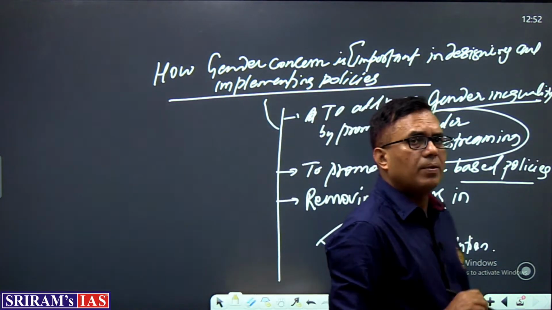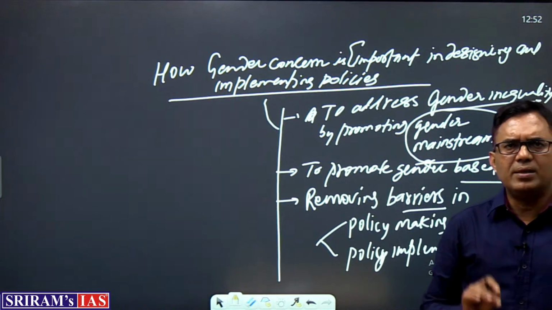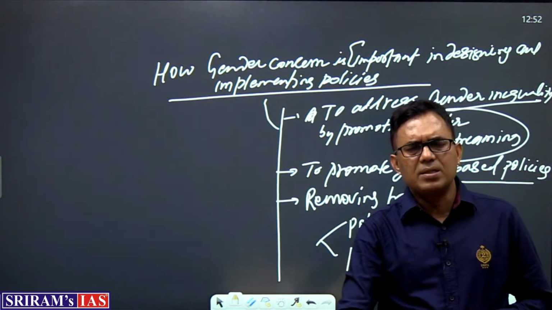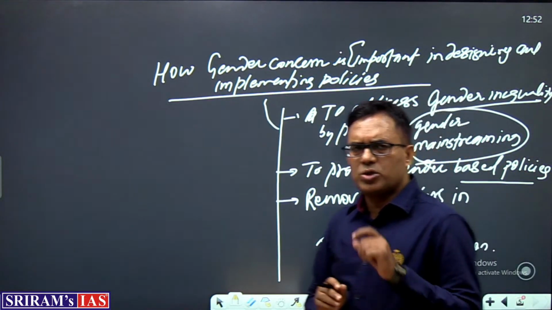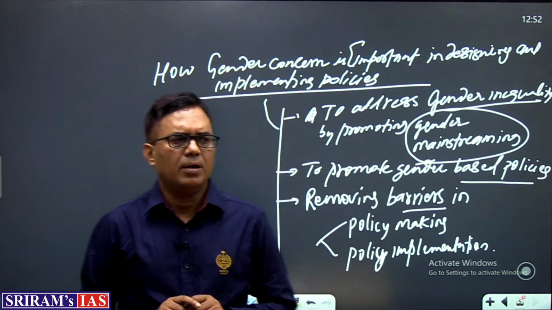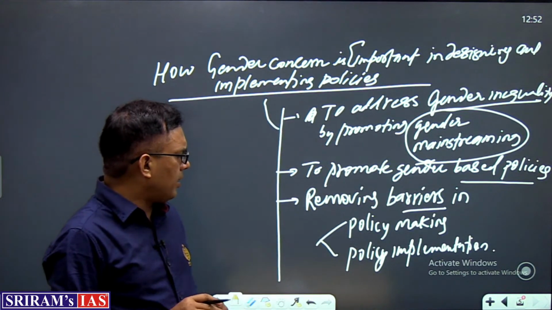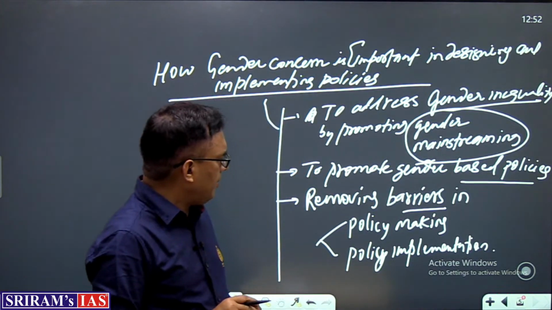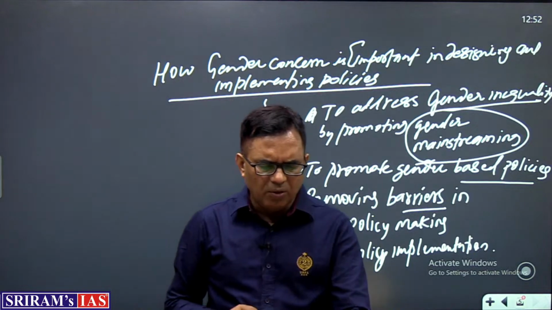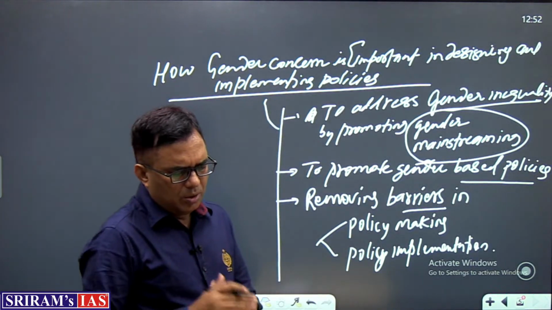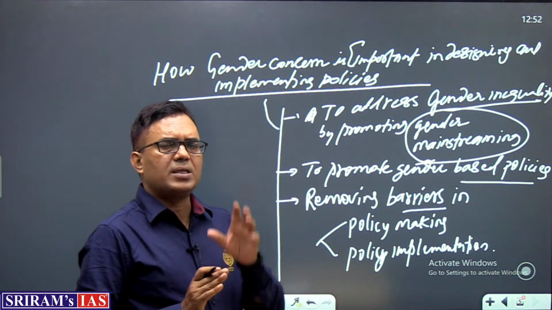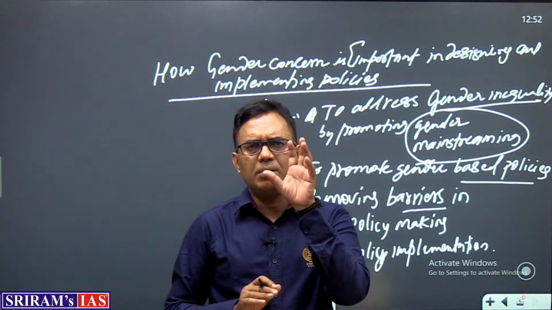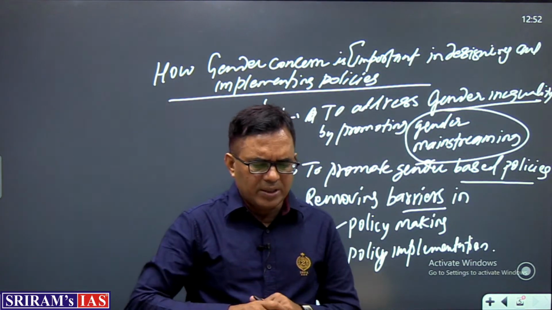Sometimes you find many institutional barriers against women in society, so at the policy making level and the policy implementing level, whatever barriers there are, we can address them at different stages, and this can be done by identification of the problems related to gender.